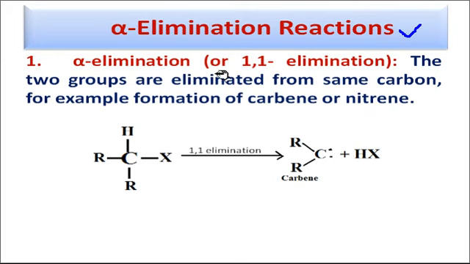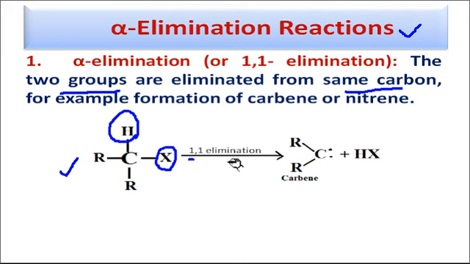Alpha elimination reactions are those reactions in which two atoms or groups are eliminated from the same carbon atom. Look at the example here. In this example, the two atoms, H and X, are present on the same carbon atom. So these are also called 1,1 elimination.